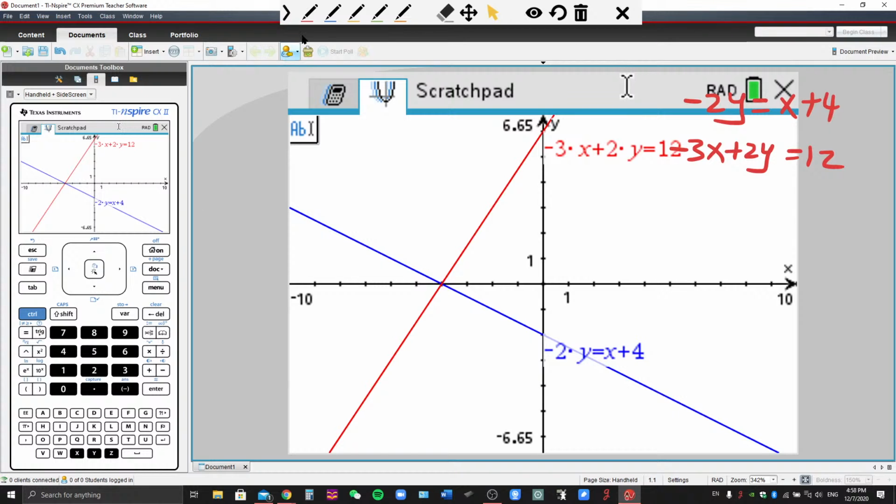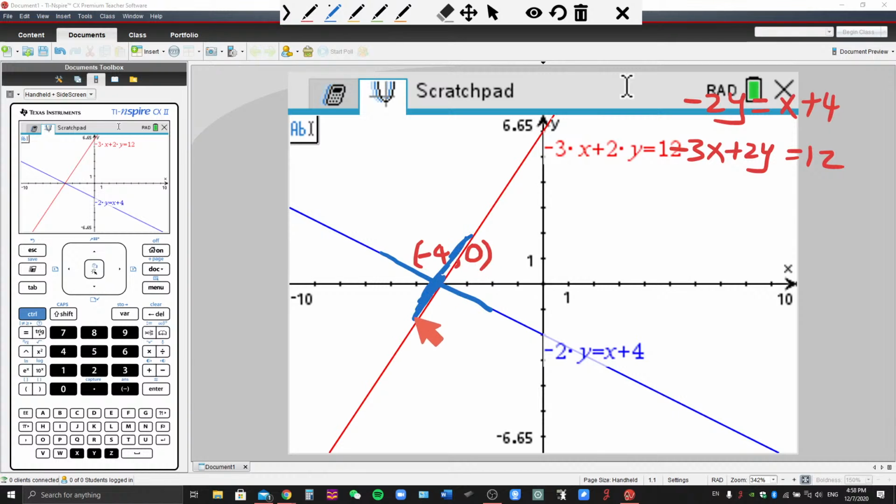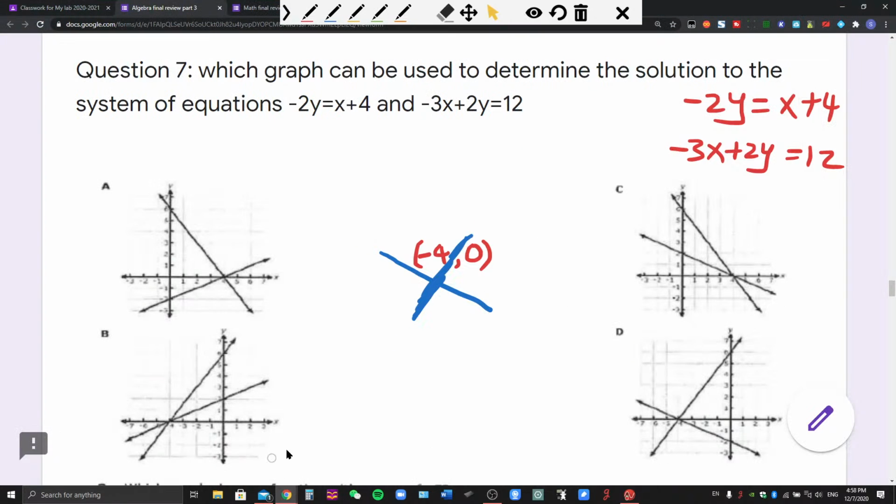And here, 0, 1, 2, 3, 4. Okay, they have the solution at negative 4 and 0. And that's their shape. This one goes this way, and this one goes that way. Okay, and now we can compare to our options.